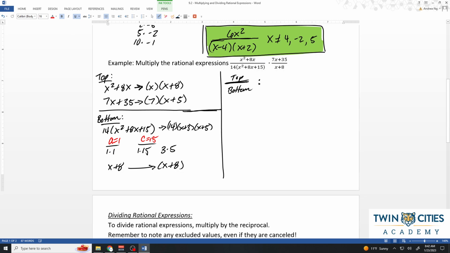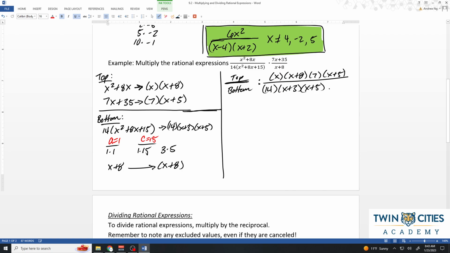Putting all of the top parts together, these factors, I'll get x plus 8, 7, x plus 5. This will be all over 14, x plus 3, x plus 5.